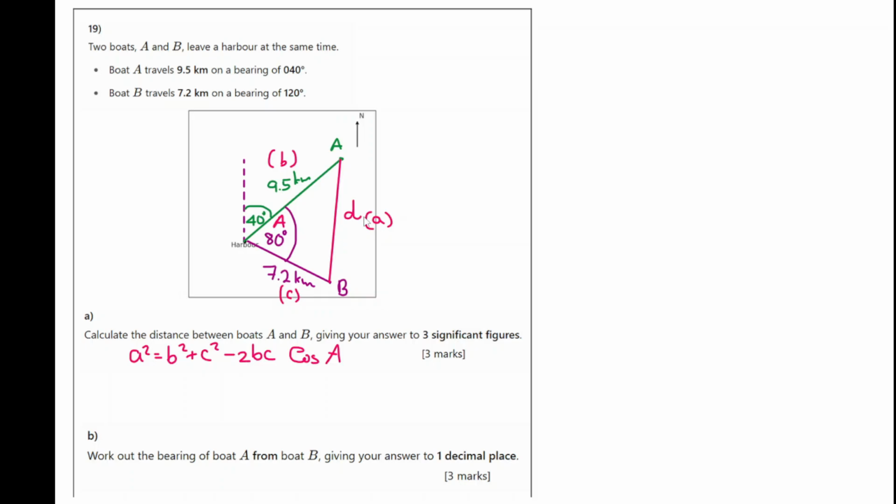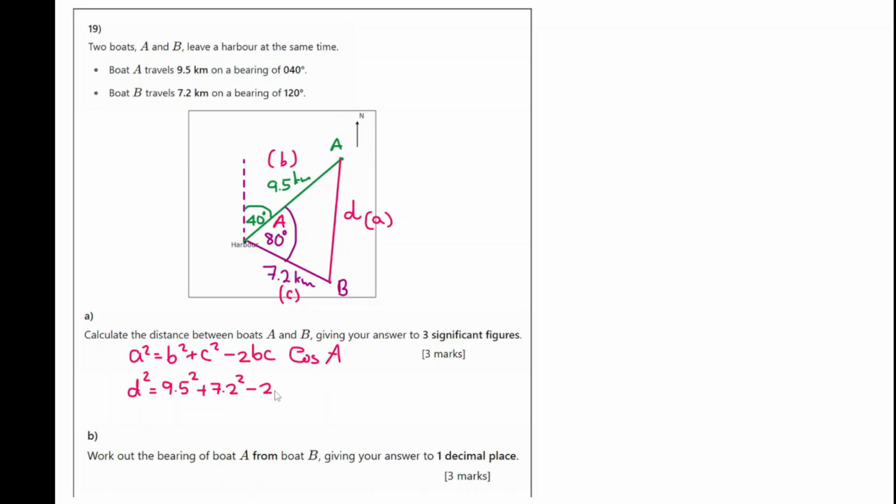Now, let's substitute. Your a is D. So, D squared is equal to b squared. B is 9.5 kilometers, so 9.5 squared, plus c is 7.2 squared minus 2 times 9.5 times 7.2 times cos. The angle here is 80 degrees.